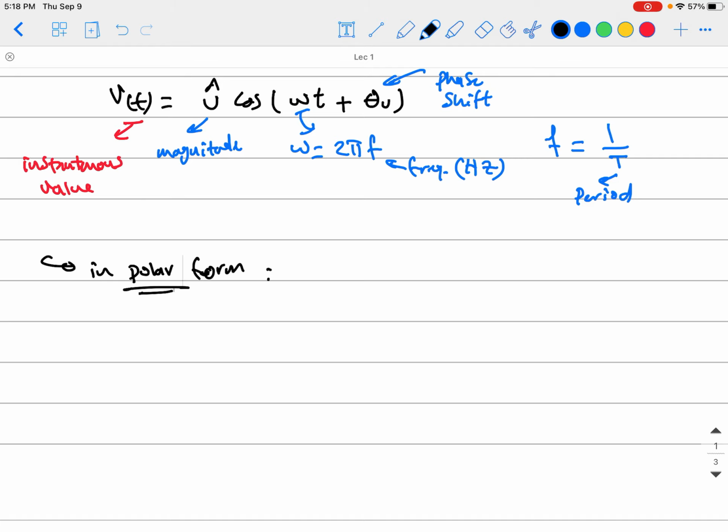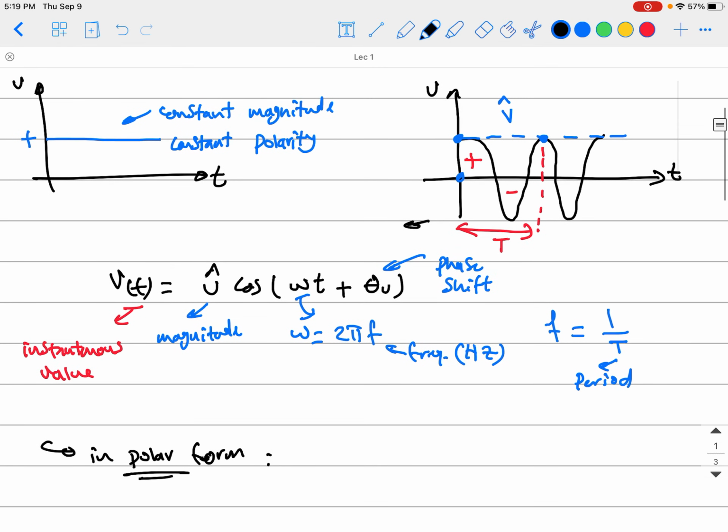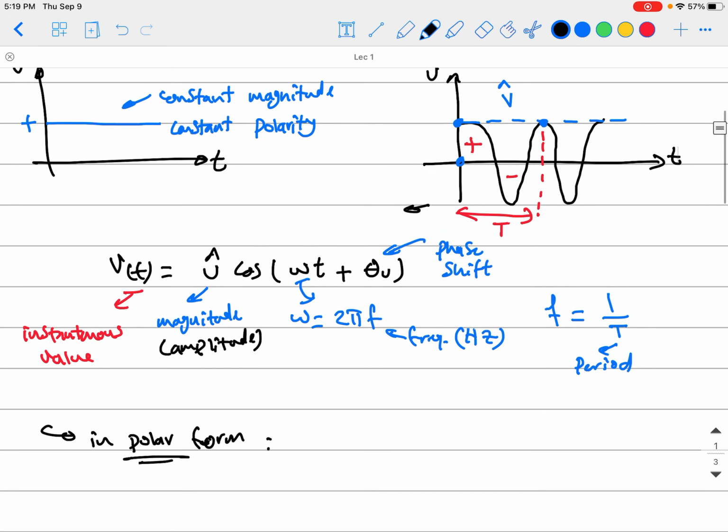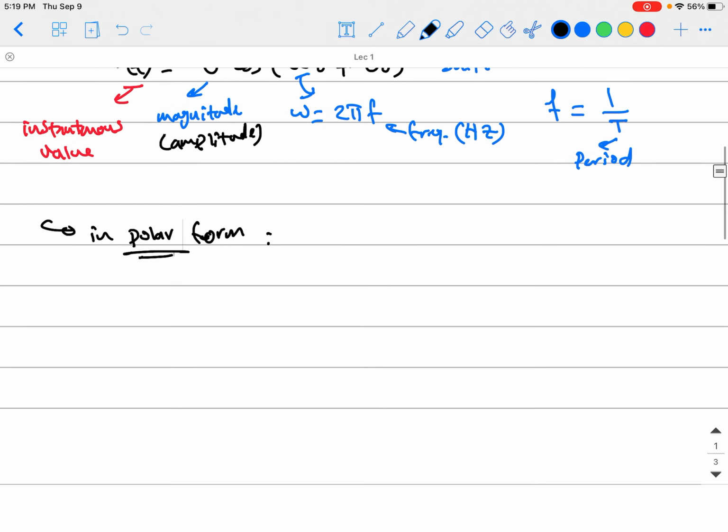Okay, that means these AC signals, as you can see, are changing in magnitude, but this amplitude or magnitude, that's V hat we're talking about, will stay constant all the time. So you can represent it once you know its frequency.